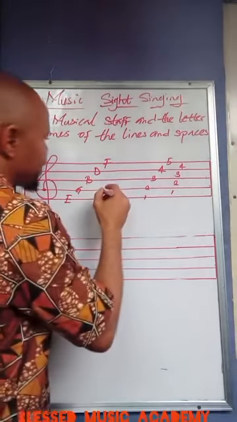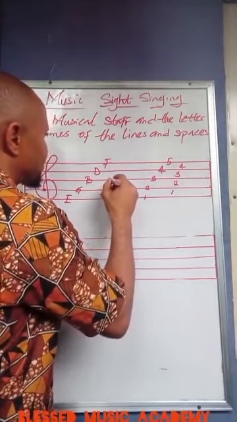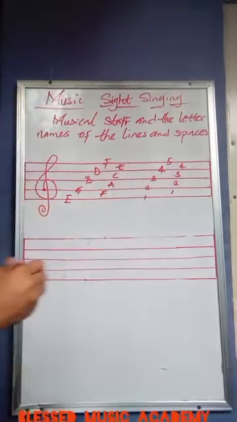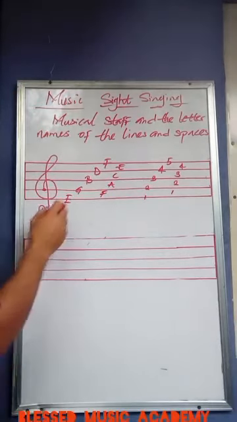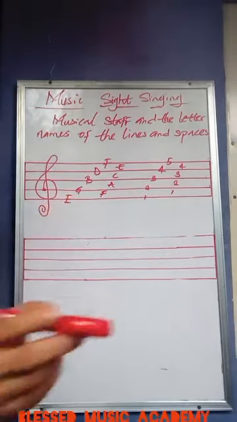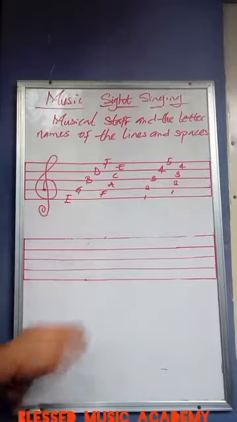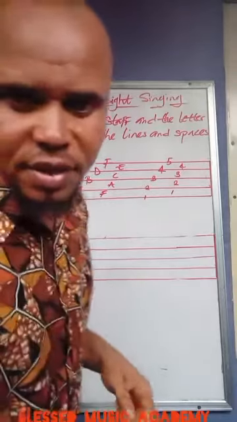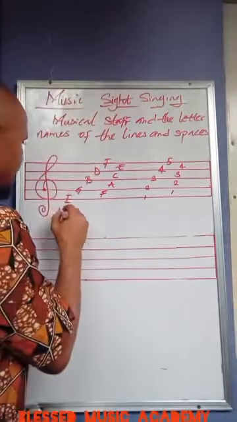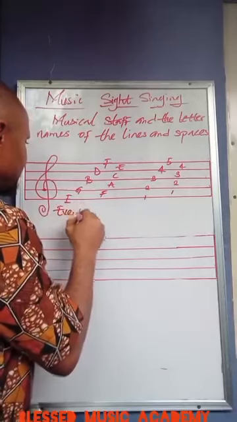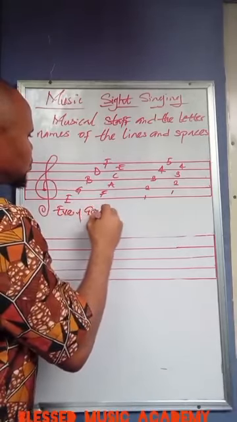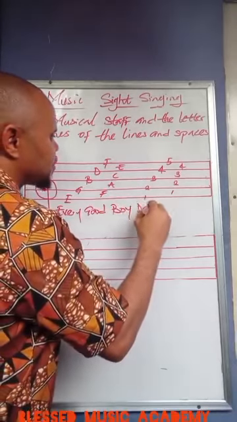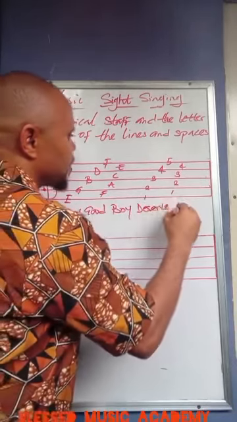And then the spaces are F, A, C, and E, face. Now, for us to remember the treble staff, there is something we use. For the lines of the treble staff, we say: every good boy deserves favor.